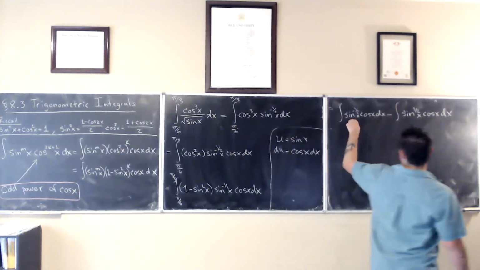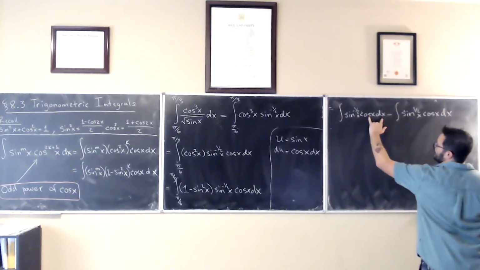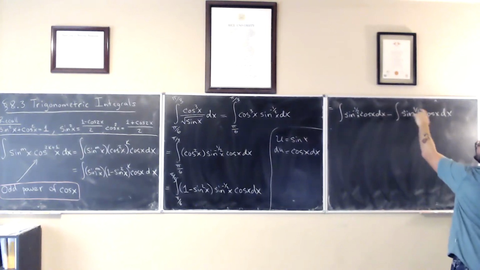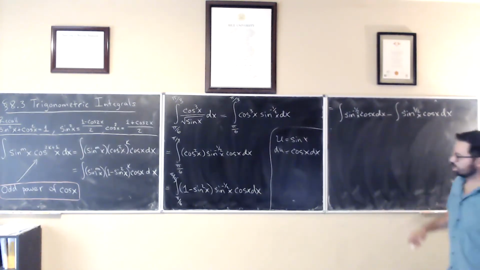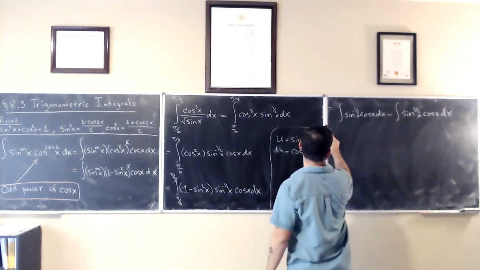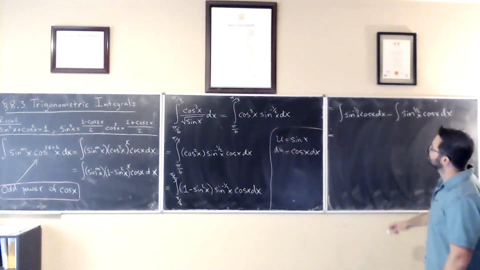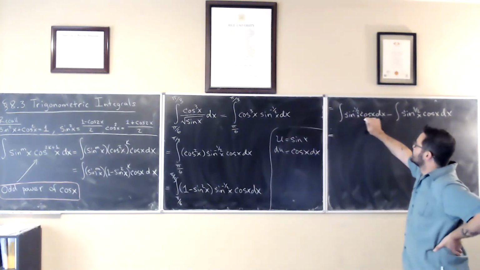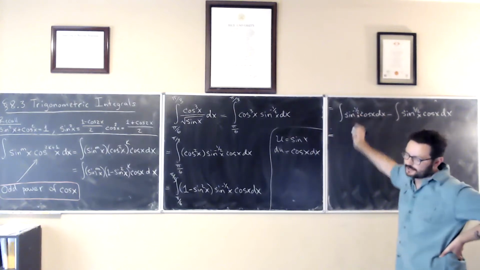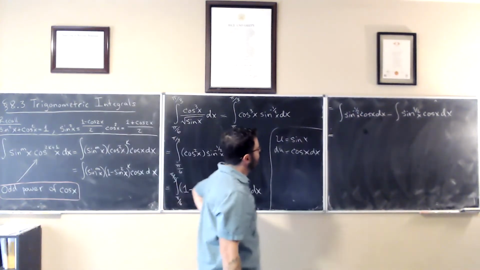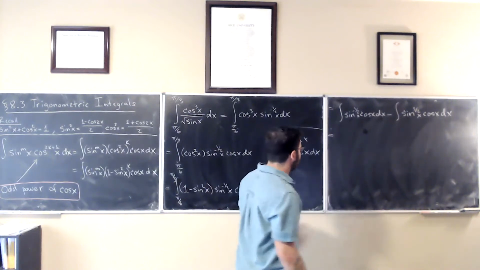So u to the power of negative 1/2, and then du. U to the power of 3/2 du. So then we integrate. So if that's u, that's du. So u to the power of negative 1/2. You add 1 to that, right? And you get a half, and then divide.